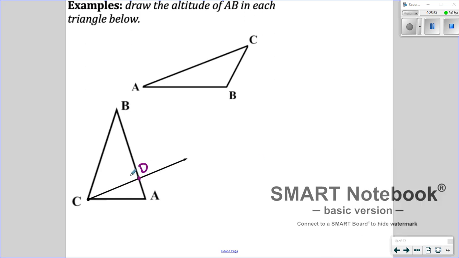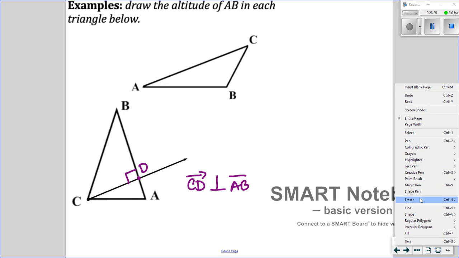So this would be D. When you draw the little marker, it tells you that it's perpendicular. So then that means CD is perpendicular to segment AB. So that's it. It doesn't make anything equal. There's no congruency. The angles are not congruent. All it does with altitude is just create perpendicular lines with the base.